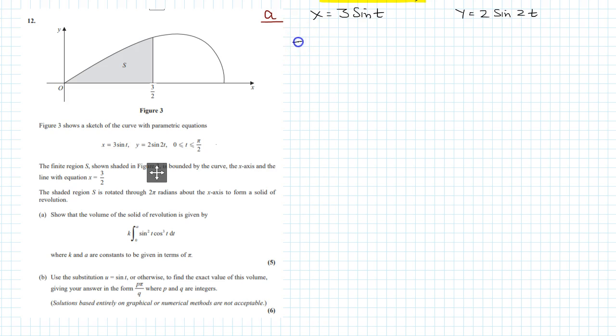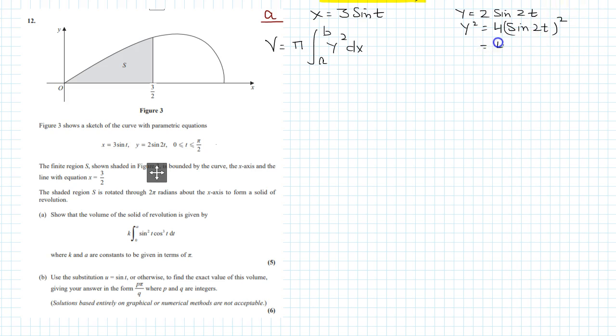So the formula for volume is pi integral from a to b of y square dx. So y square is 4 sin 2t square.